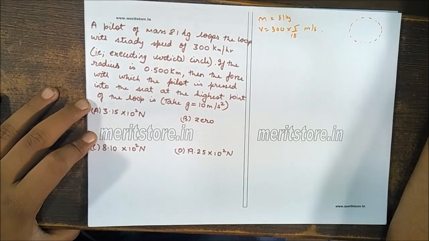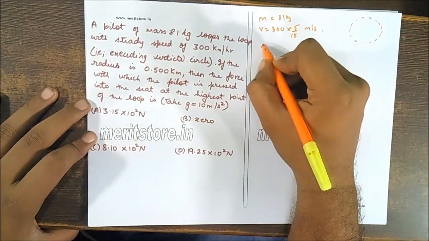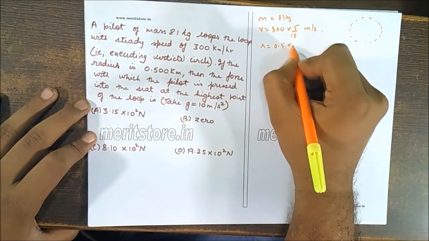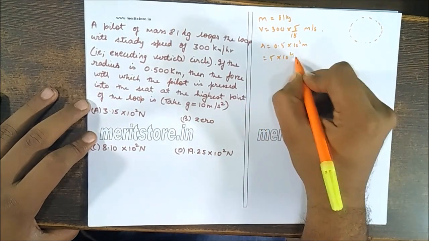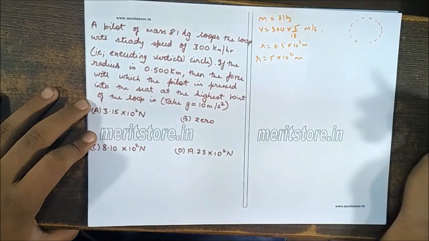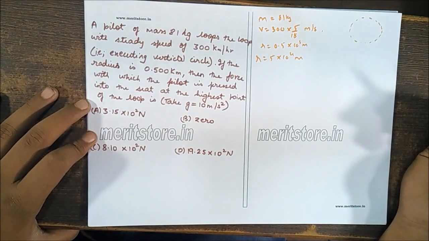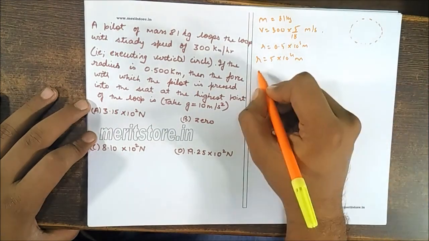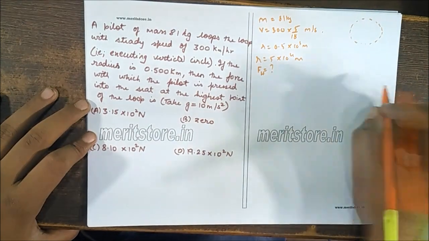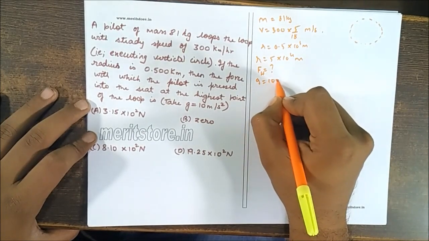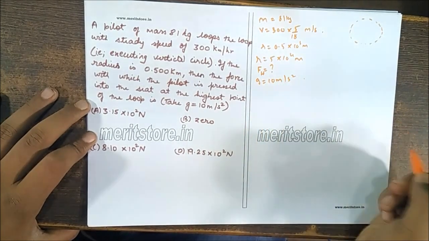If radius is 0.5 kilometers, r is 0.5 into 10 raised to 3 meters, which is 5 into 10 raised to 4 meters. Then the force with which the pilot is pressed into the seat at the highest point. So we require force at the highest point. g is to be taken as 10 meter per second square.